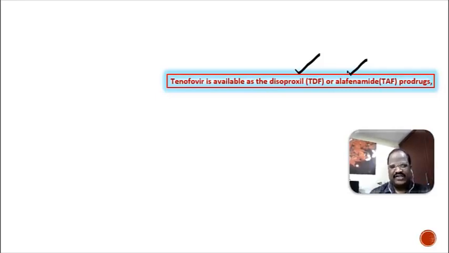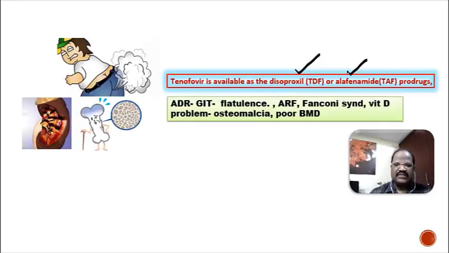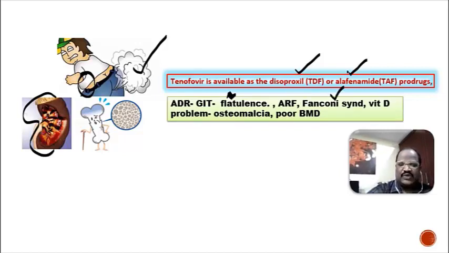There are two formulations. Here, tenofovir disoproxil causes much adverse effect like GI toxicity in the form of abdominal distension and also flatulence. That's the most common side effect of tenofovir disoproxil. And tenofovir disoproxil also causes some kidney damage resulting in Fanconi syndrome, and disturbs vitamin D activity, causing a problem in bone mineralization, causing osteomalacia.